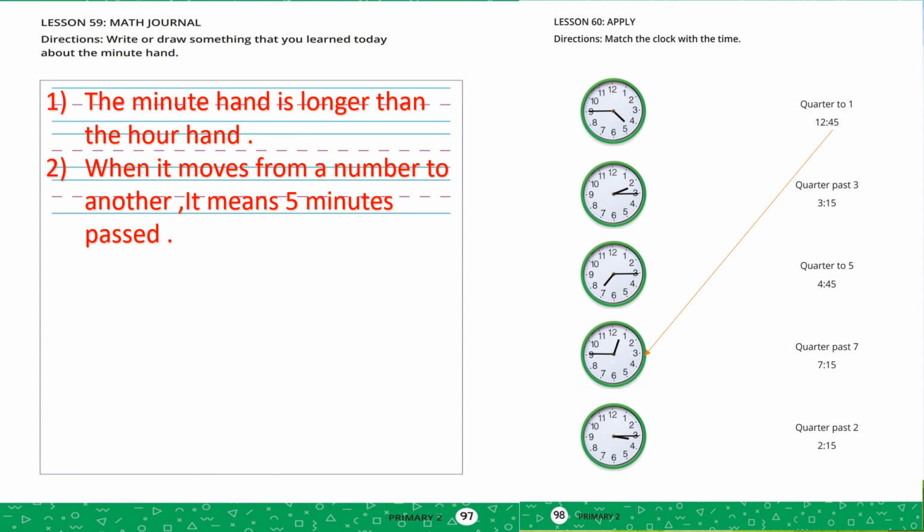Quarter past 3, it means the long hand on 3, also the short hand on 3. Yeah, the last one. Number 3, quarter to 5. Quarter to 5, it means the long hand on 9 and the short hand on 5. Number 1. And you can complete this.